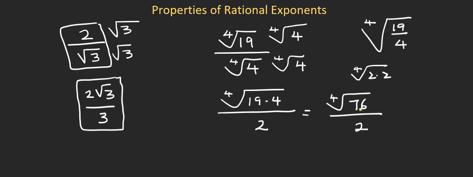And be careful. A common mistake is that students want to divide 76 by 2. However, this 76 is inside the radical, so you cannot divide 76 by 2. Both have to be outside in order for you to divide the numbers. So this is our final answer.